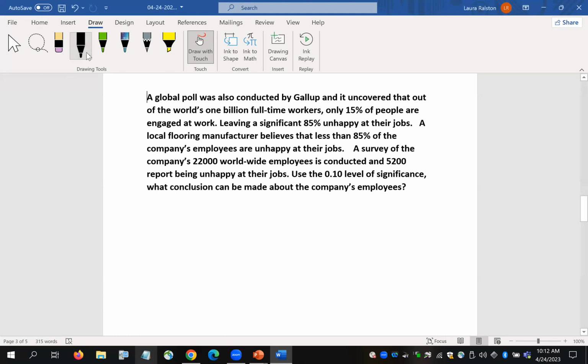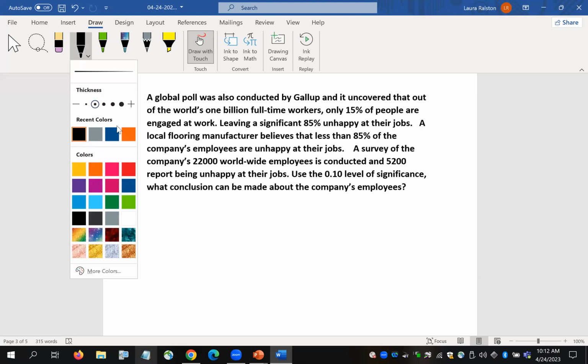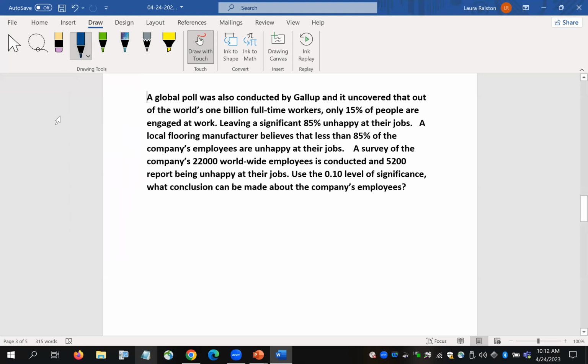Okay, so again, a couple of things to note in this problem. Nowhere in this problem is there any mention of the mean. In fact, throughout the problem, you have percentages.